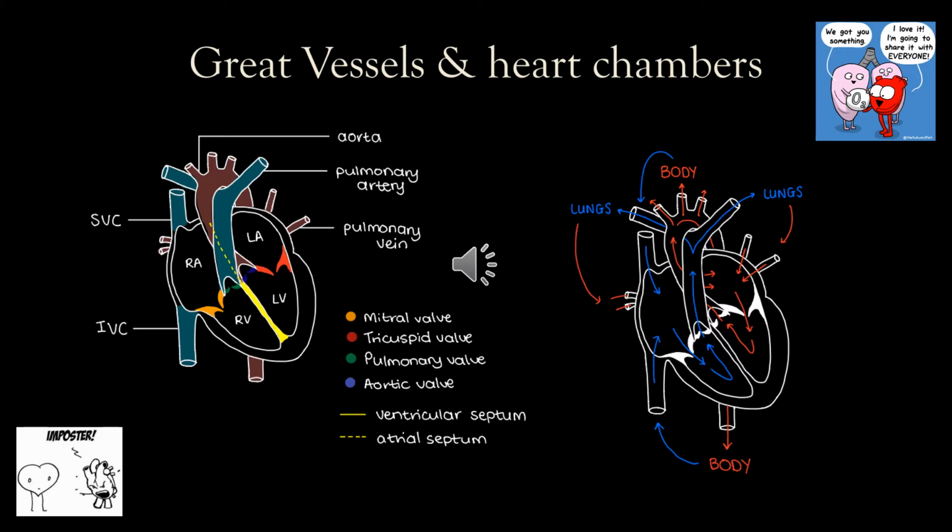The right side of the body usually receives deoxygenated blood, with the right atrium receiving blood from the superior and inferior vena cava, which together contain all the venous blood from the entire body. When the tricuspid valve opens, blood is expelled into the right ventricle from the right atrium, which the right ventricle then empties into the pulmonary arteries when the semilunar valves open, which take the blood to the lungs.